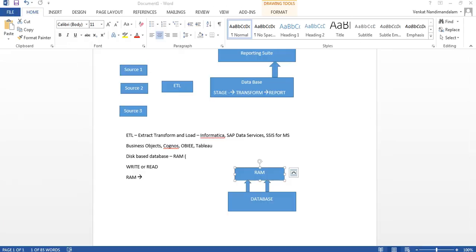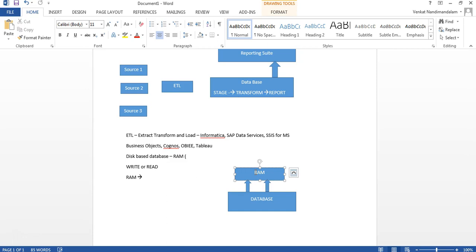As I explained, when I am getting RAM very cheap, instead of storing my data in a disk-based database, why can't I store my entire database in RAM itself?